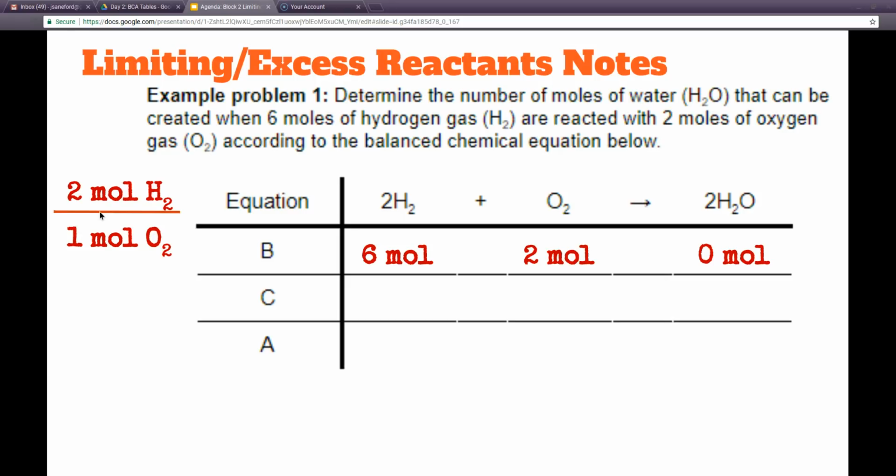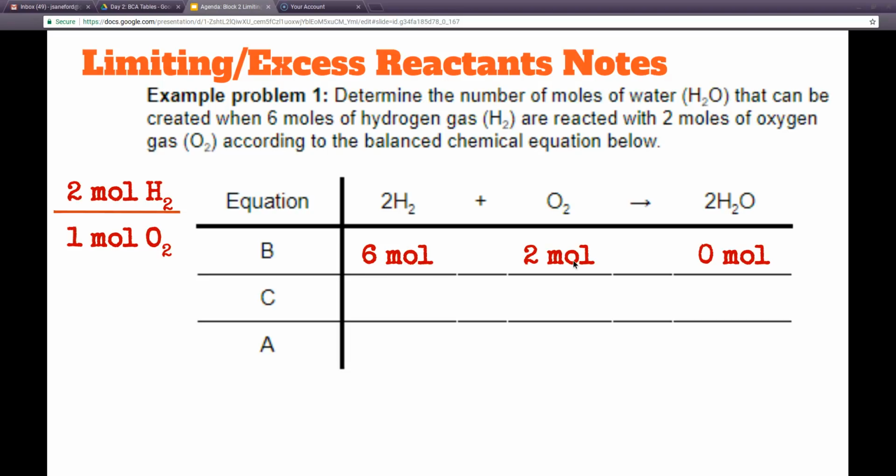So we need to figure out what we're going to be able to use and what we're not going to be able to use. See how we're starting off with 2 moles of oxygen? This is telling us for every 1 mole of oxygen, we double it to get the hydrogens, right? So if we double 2, that means we're going to have 4 moles of hydrogen here.